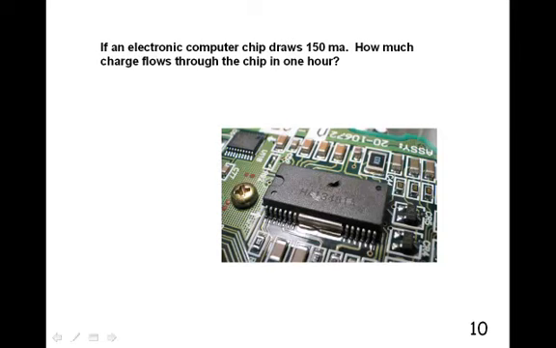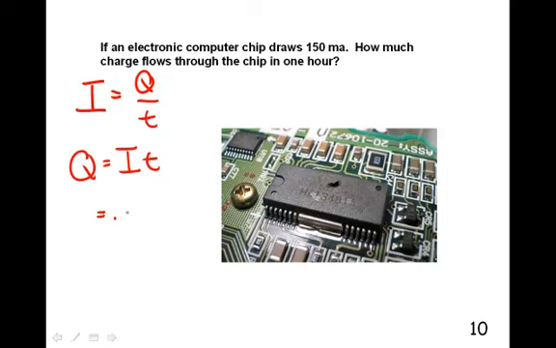Let's work a little problem. If we have a computer chip that draws 150 milliamps of current, how much charge flows through the chip in an hour? I think we might have worked this at the beginning of the course. So I equals Q over t, so the charge that flows past some point is equal to the current times the time.